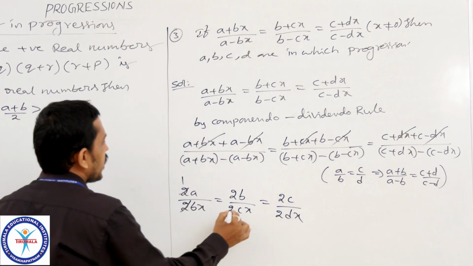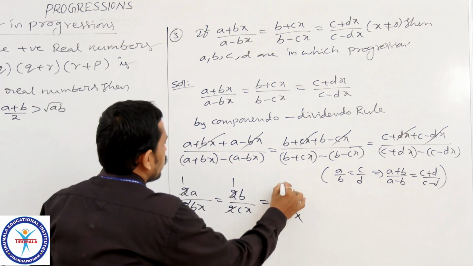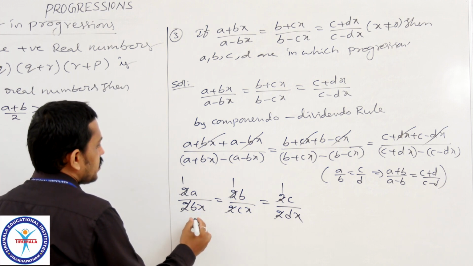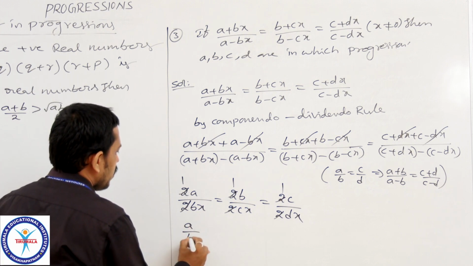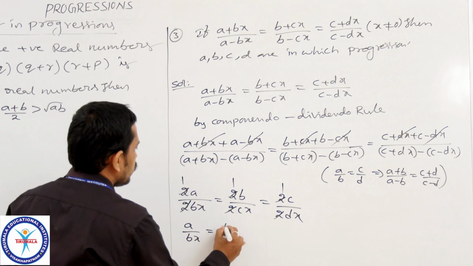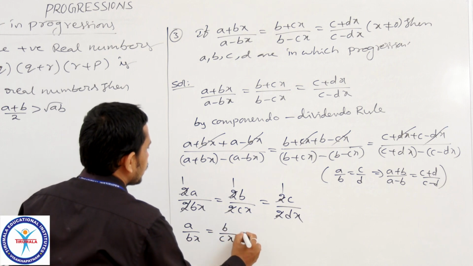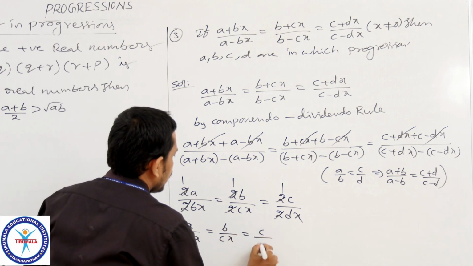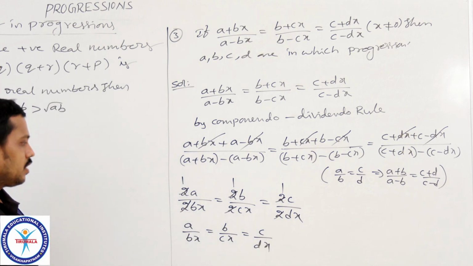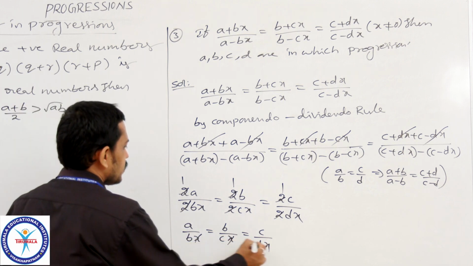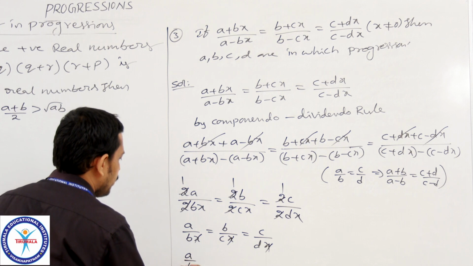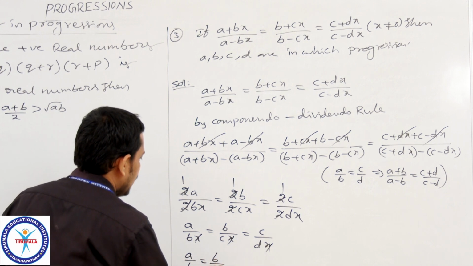Here 2 cancels each time, so a/bx is equal to b/cx is equal to c/dx. Here x cancels, then we have a/b is equal to b/c is equal to c/d.